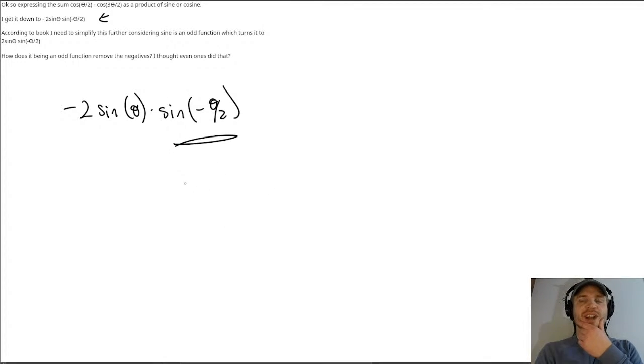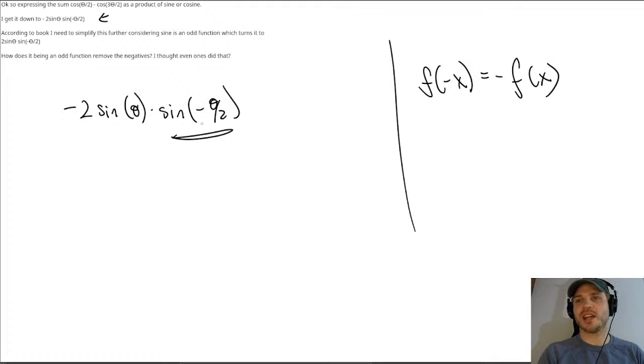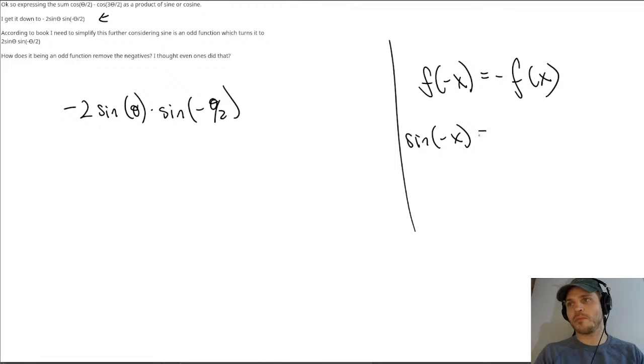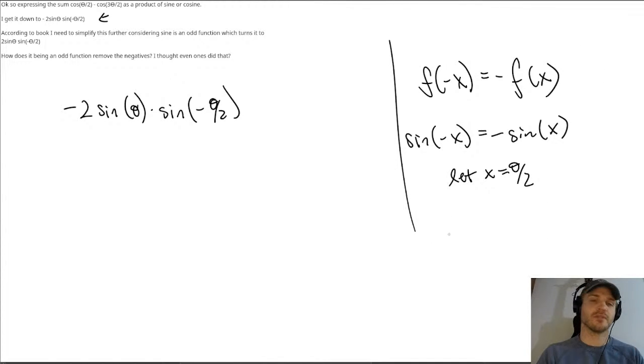So this is an odd function. The definition of an odd function is if you have f of negative x, this is equal to negative f of x. So that means inside here, in the same format, f is sine. And then we can just say let x equal theta over 2. You don't need to write all of this stuff. This is the identity. I'm just writing it for you to understand my argument here.